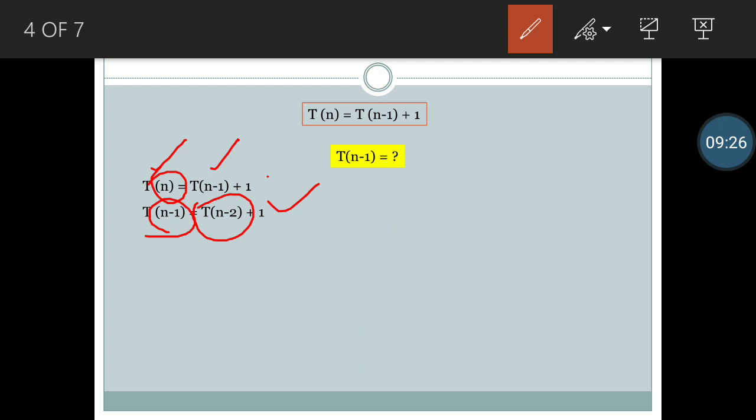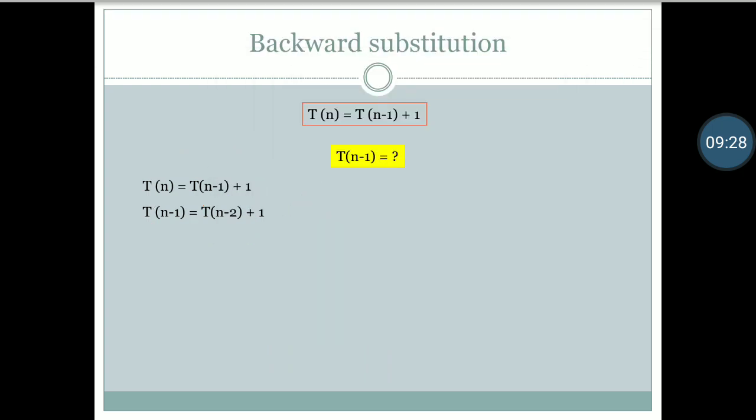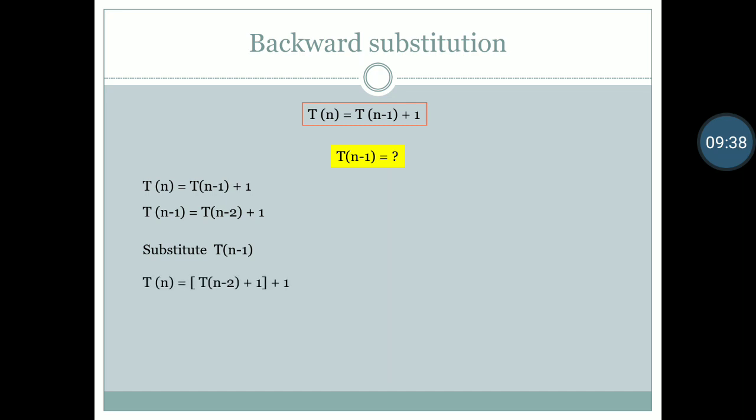Understood? So in this relation, if we substitute Tn minus 1, we will get our equation Tn is equal to Tn minus 2 plus 1 plus 1.